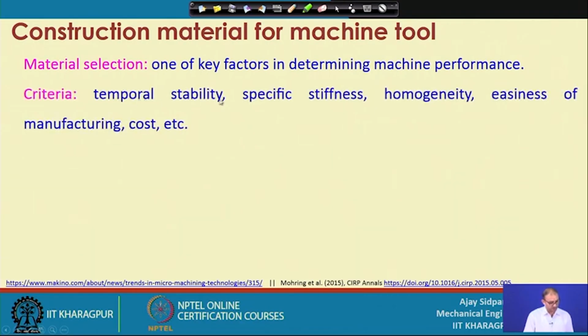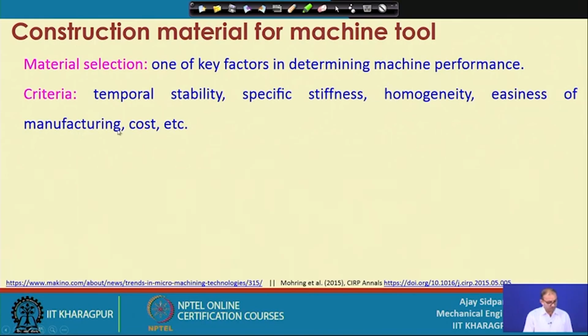First is the temporal stability, that the machine should not get deformed because of static loading only. Specific stiffness, because it should be stiff enough to resist or counteract the forces acting because of the stationary body as well as in dynamic conditions. Homogeneity is important, because when you are using one material, it should be free from defects.